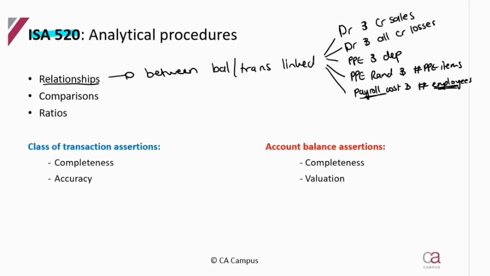Comparisons. So this is doing prior year to the current year, or doing current year to the market to see whether what's happening is actually reasonable within the industry, and all your different ratios.